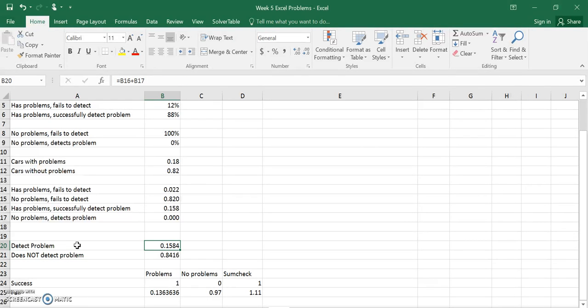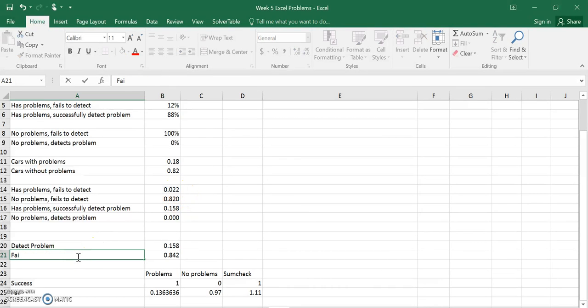All right. So has problem successfully, okay, so we've got to change these two. So we need to go to the two that successfully detects the problem. Actually, that was the two she had, wasn't it? Yes, okay. And then does not detect problem here, that's going to be these top two, so fails to detect, and actually that's probably a better label. So fails to detect.